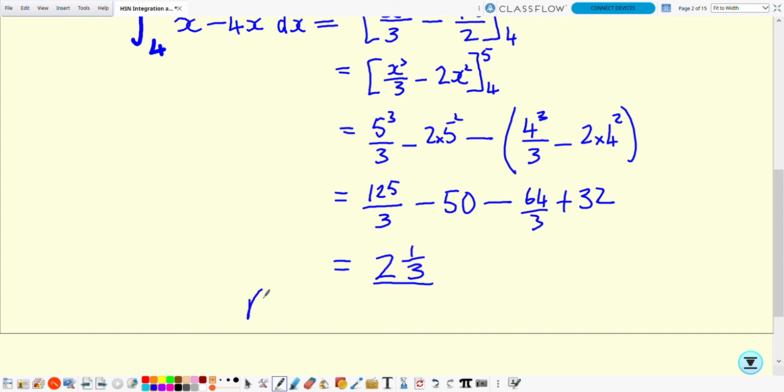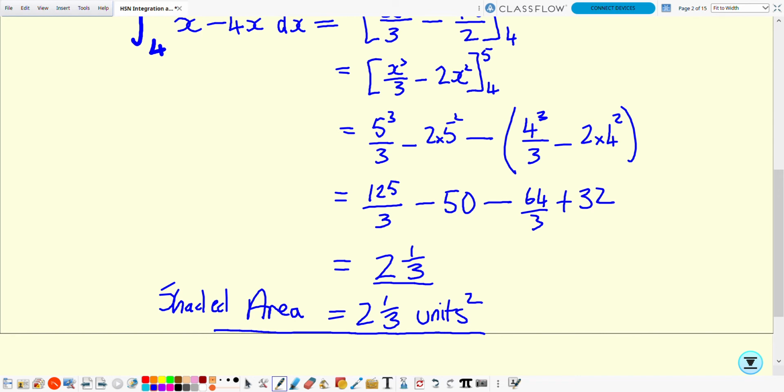And of course, we know that this represents an area, so we can now see the shaded area is equal to 2 1/3, and we can put in units, and then remember area is all about squared, so you should really write squared units or units squared in that particular way.